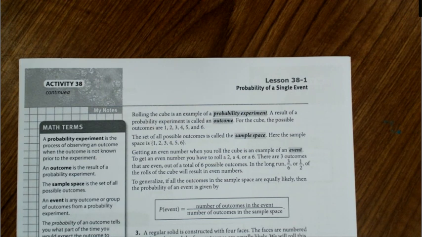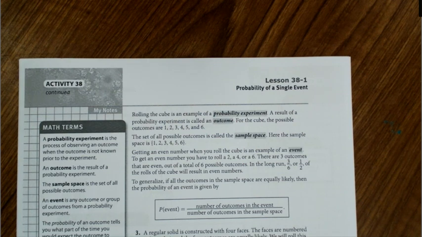Getting an even number when you roll the cube is an example of an event. To get an even number, you have to roll a 2, a 4, or a 6. There are 3 outcomes that are even out of a total of 6 outcomes. In the long run, 3 out of 6, or 1/2 of the rolls of the cube, will result in an even number.